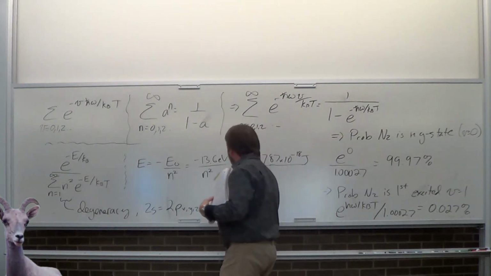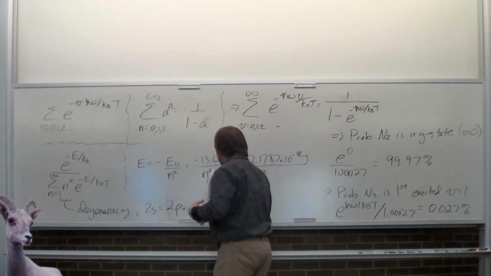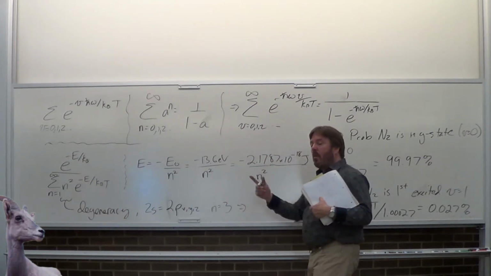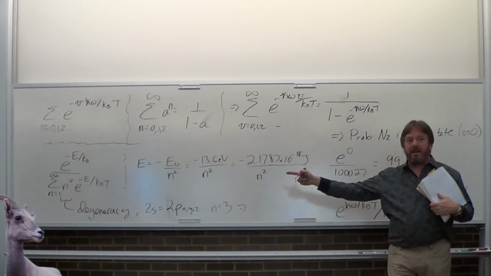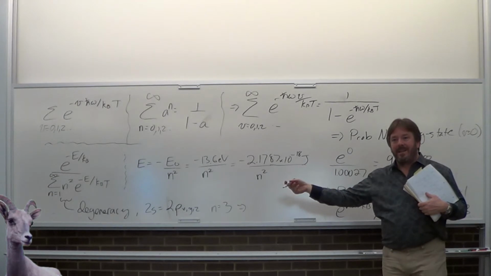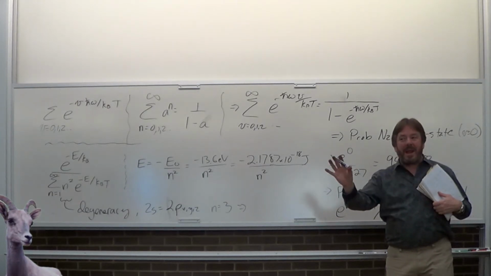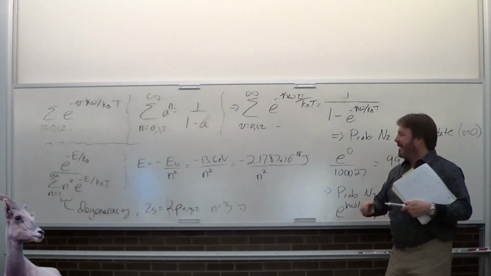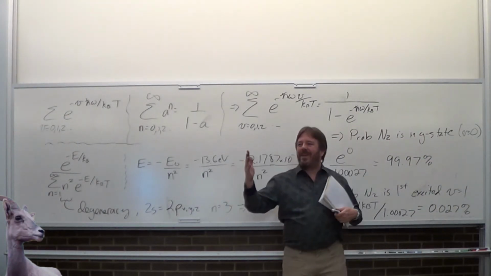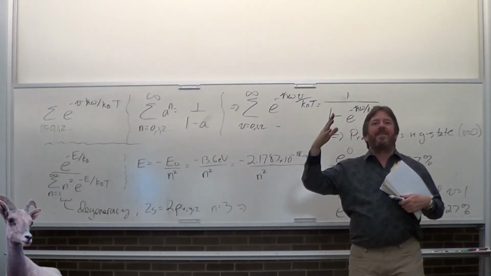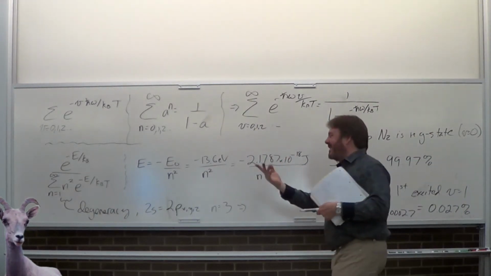If I have n equals 3, what's the degeneracy? Now for one, I've told you because it's right there. So what is it? 9, because 3 squared is 9. So that's one way to answer it. Or there's 3s, 3 for the p's, that's 4, and then there's 5 for the d. 5 d's, right? That's 9.